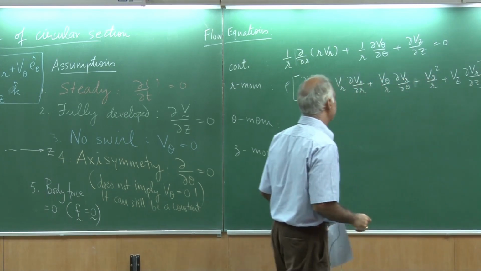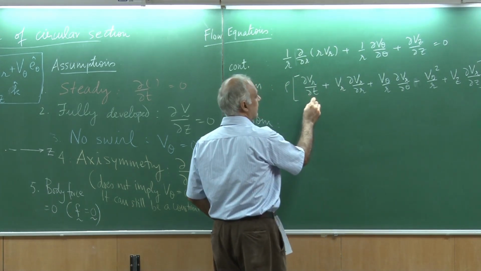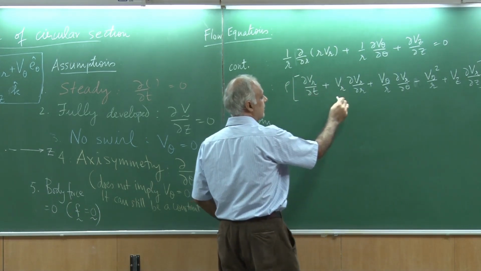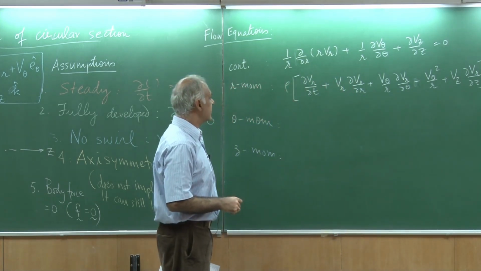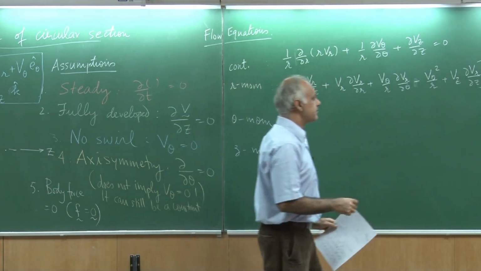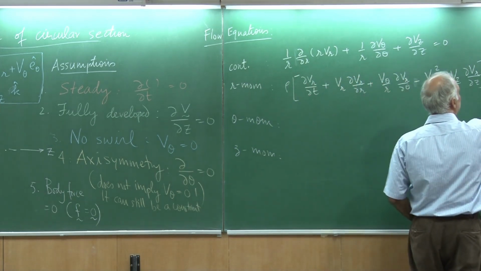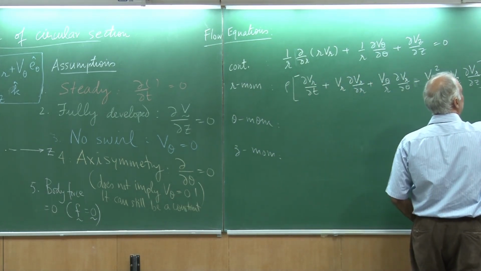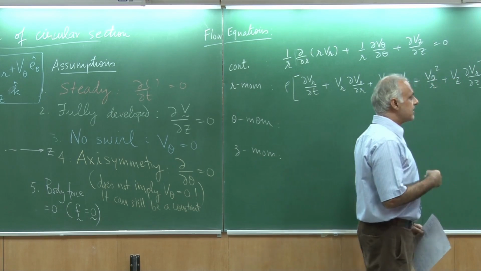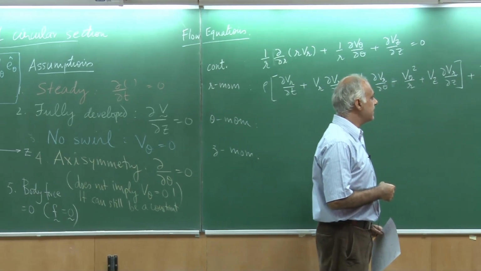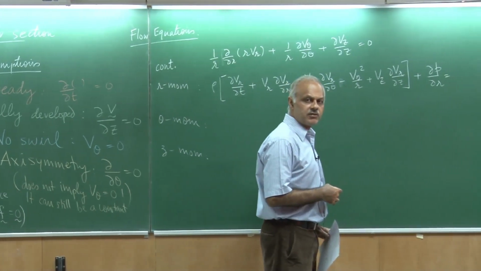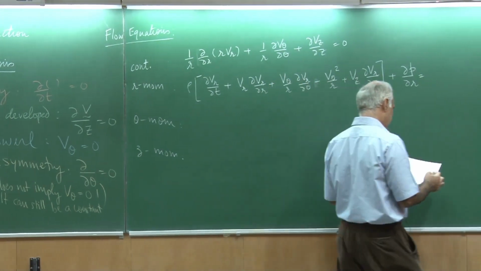So that's your Eulerian time derivative, and then this is actually the convective acceleration for the r equation. This is balanced by the pressure gradient, which is del P by del r, and the Laplacian of velocity multiplied by the coefficient of viscosity, and the body force.